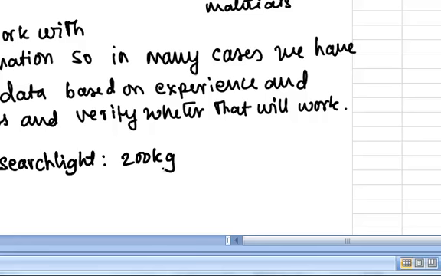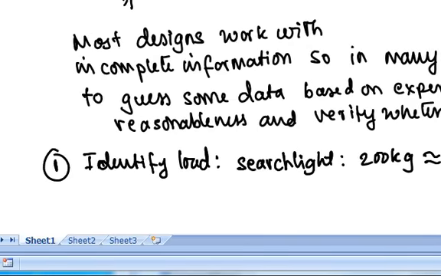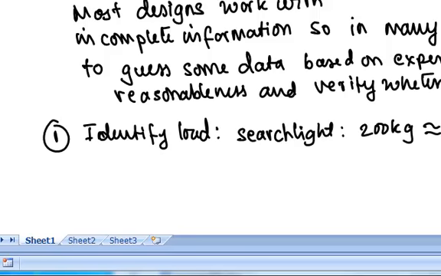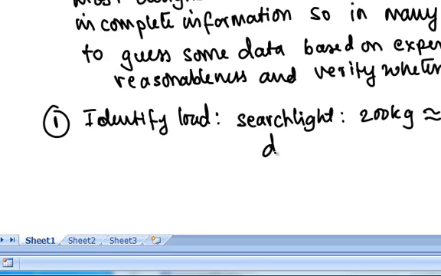So 200 kilograms is approximately 2000 newtons, which is 2 kilonewtons. That's reasonable. Notice I rounded things up because I only know rough weights, so there's no point in doing very precise calculations at this stage. So we are done with this, and it's a dead load, meaning it's not going to change with time, it's just going to hang as it is.